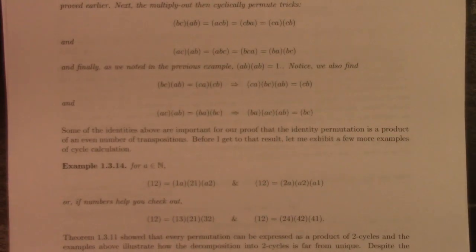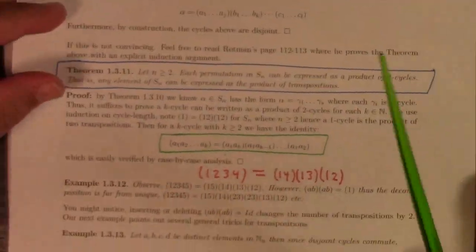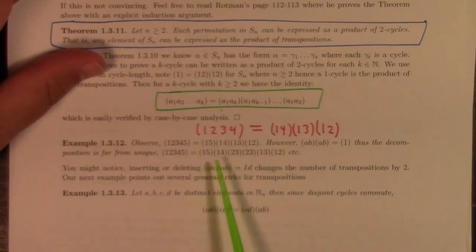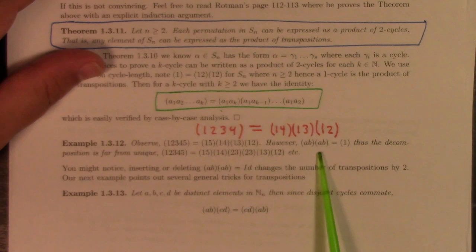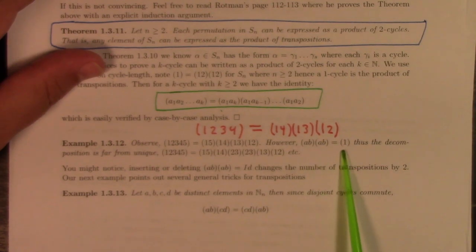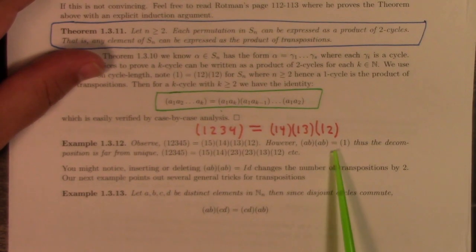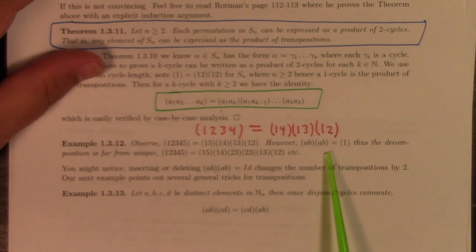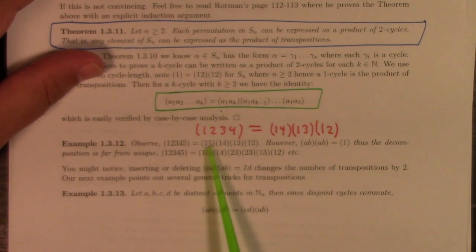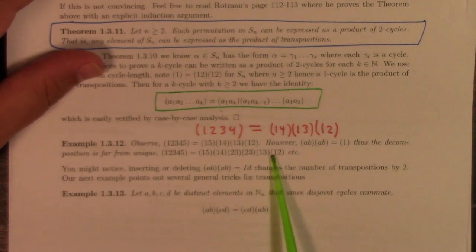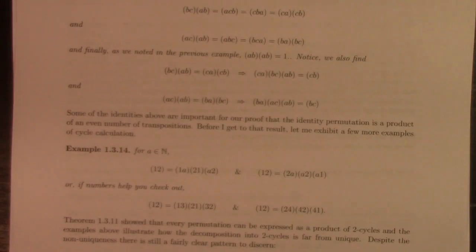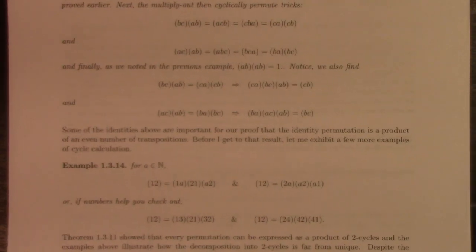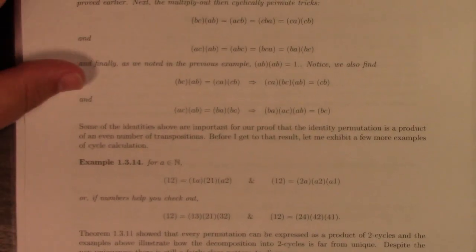If we go back to the previous page, you might have noticed that in this example as well, when you insert one of these, it changes the net number of transpositions by 2, which means if it was odd before, it's odd afterwards. If it's even before, it's even afterwards. Like started with 4, ended with 6. So it seems like the number of transpositions in a two-cycle decomposition of a permutation stays even or odd.